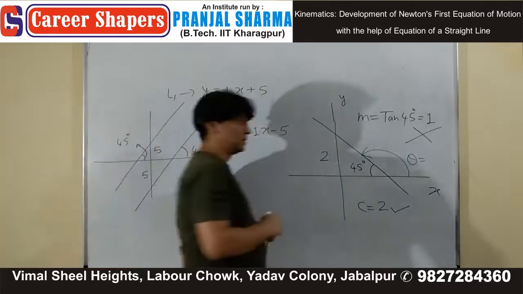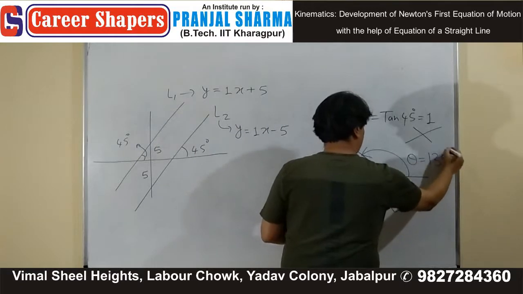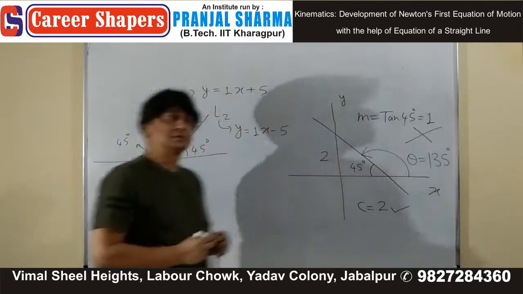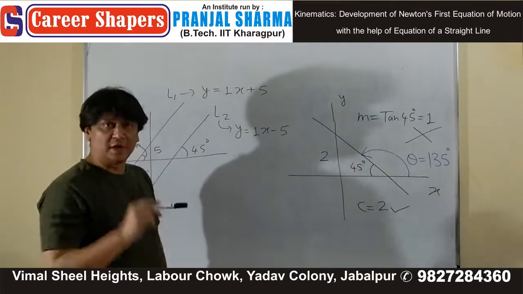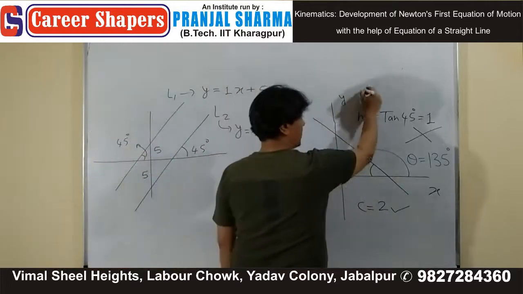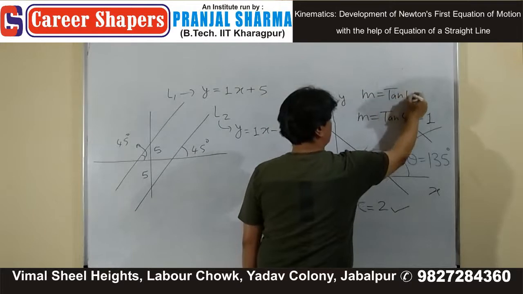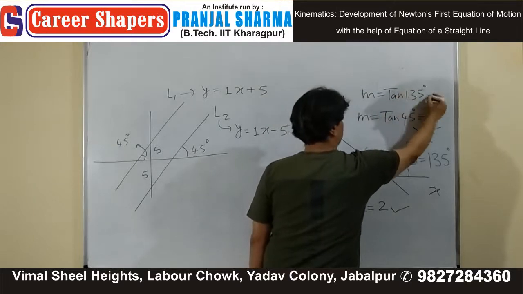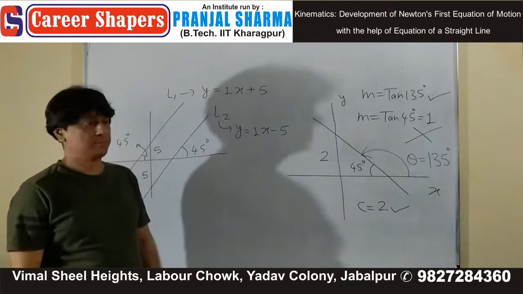What is this angle? 135 degrees. I hope you understand this. 180 minus 45. And therefore, M is tan of 135 degrees. That's your M.